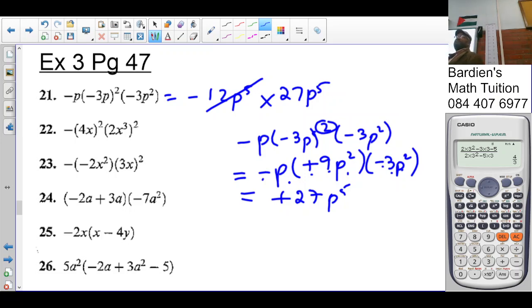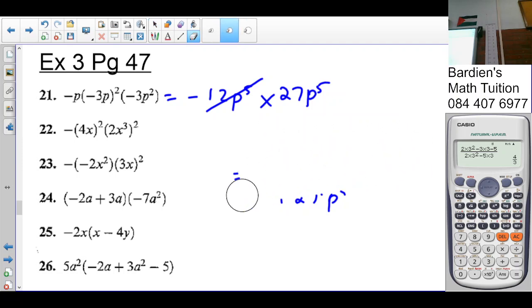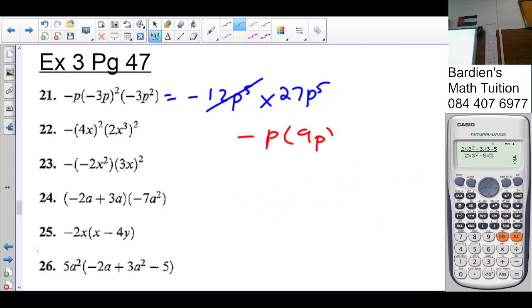Who gave that answer? Right, where did you go wrong? I moved the brackets for the multiplication. Okay, so read your first line you have. Negative p, open bracket, 9p squared, close bracket, then open bracket, negative 3p squared, and then close bracket. So what's negative times positive? Negative. Times negative? Positive. But you got negative. Can you see?